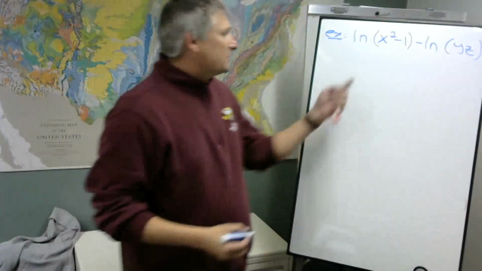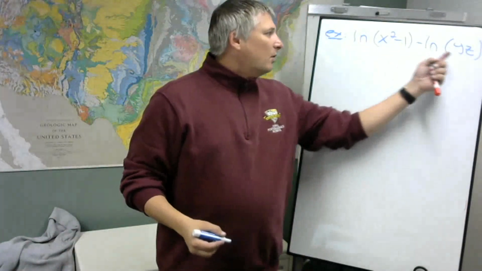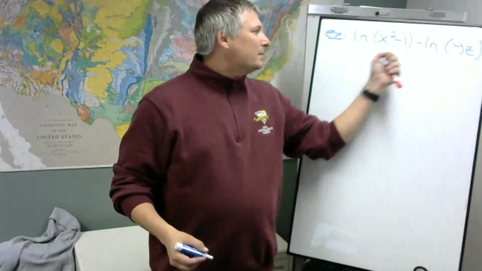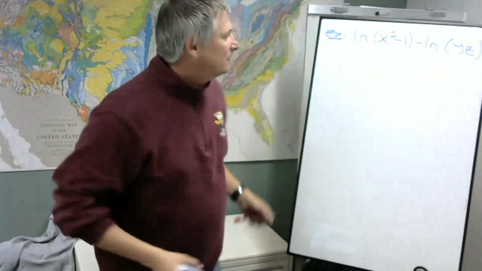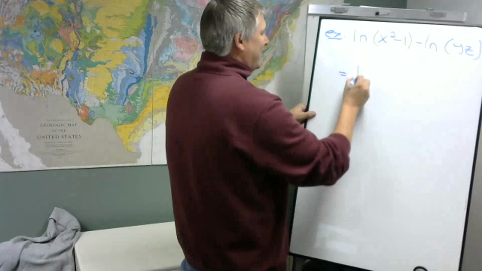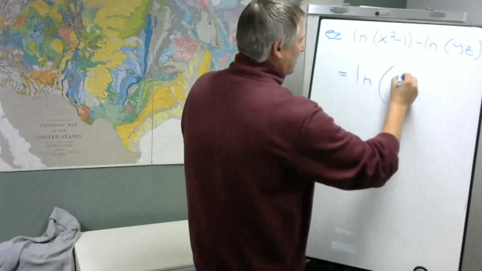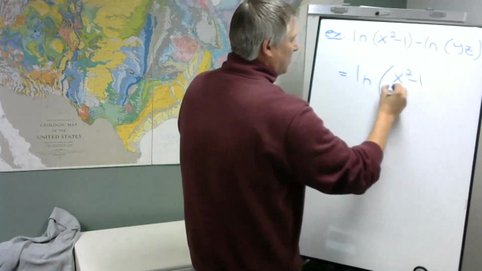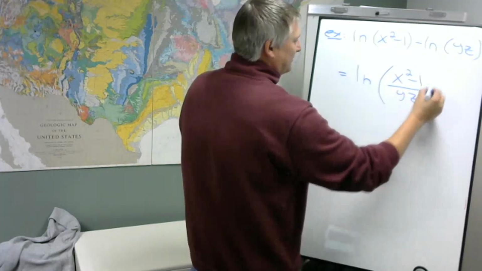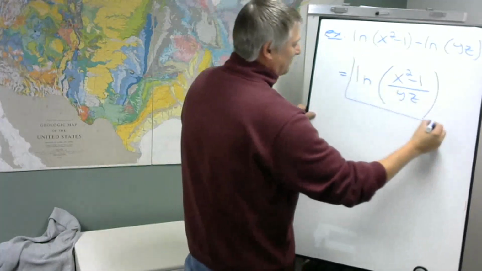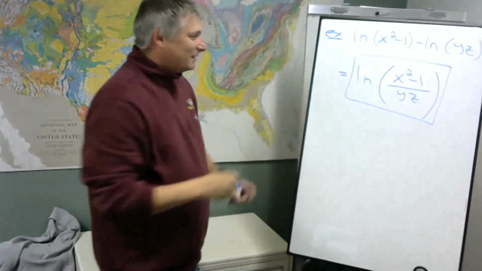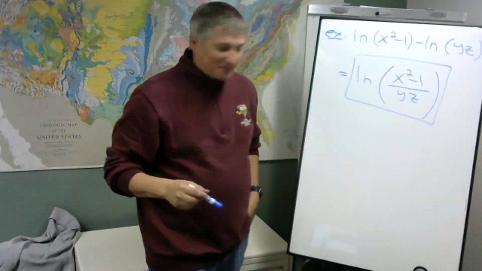Now what this means is we're going to take the ratio of this over that. This is like m, and this is sort of like n. So we get the natural log of x squared minus 1 over yz. And that's going to be it.